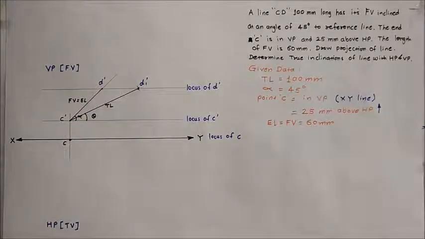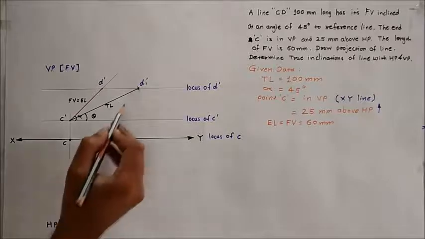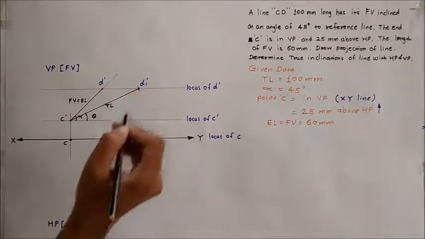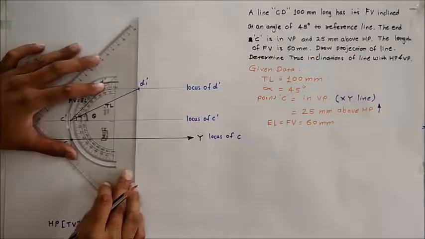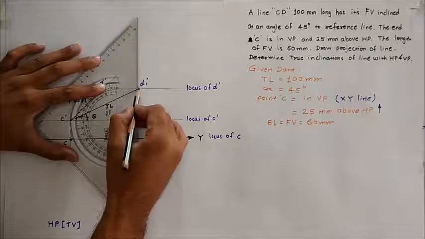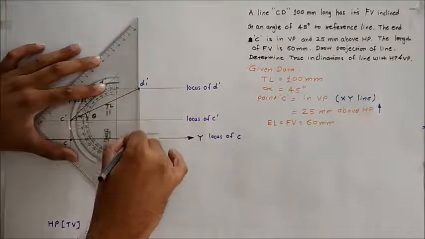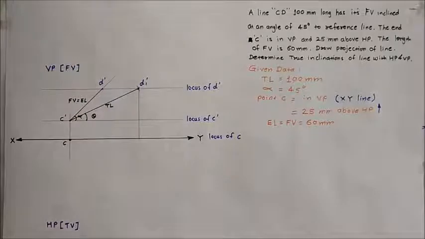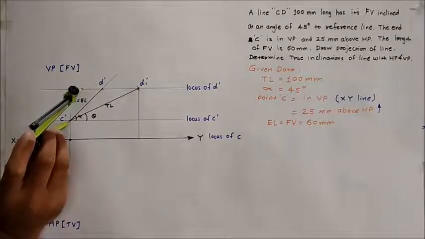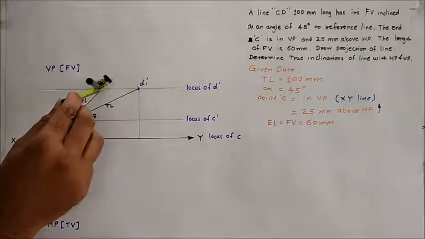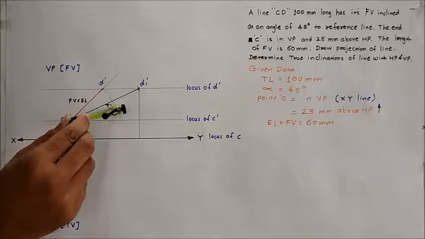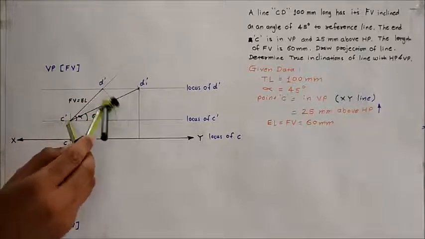Now we will plot the top view. For drawing the top view, first we will draw a projection line which starts from D1 dash, and that projection line should be perpendicular to the XY. Draw that projection line till it meets with the locus of point C. Then take the dimension C dash to D dash in your compass and draw an arc which starts from D dash till it meets with the locus of C dash.